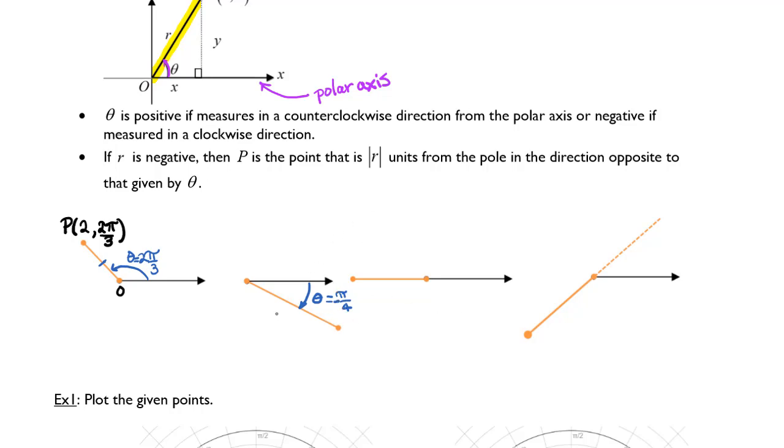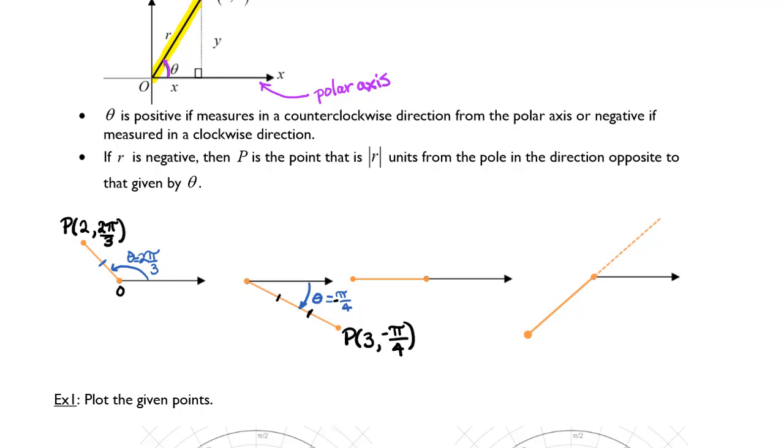And then I need to think about the radius here. We'll go ahead and call that radius 3 units long. So the point here will be radius of 3 and a theta of negative pi over 4.